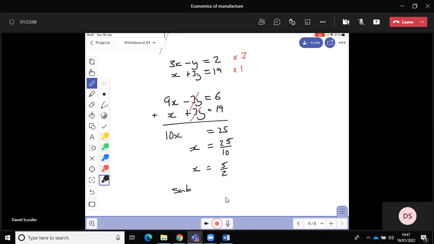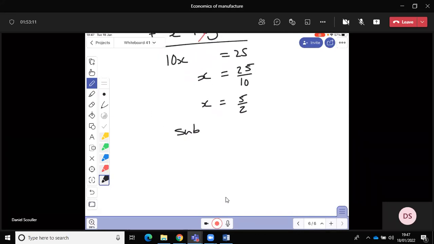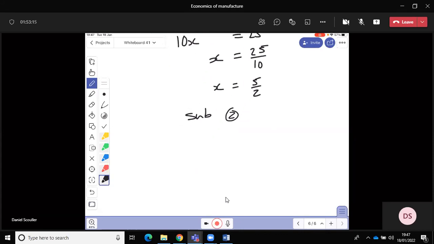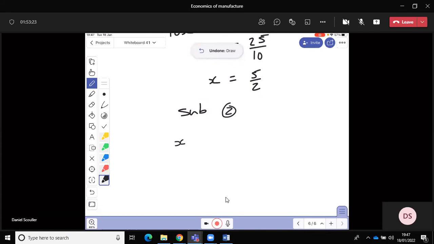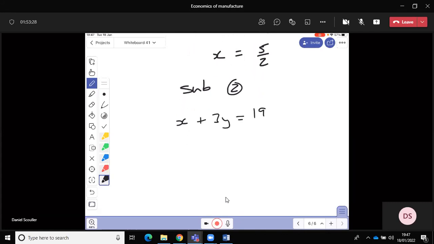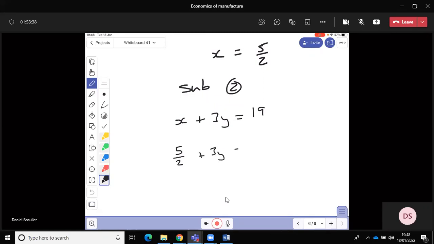Equation 2 was 2x plus 3y equals 19. Substitute where the letter x is with that 5 over 2. It's not multiplied by anything, so that fraction just goes in, plus 3y equals 19.